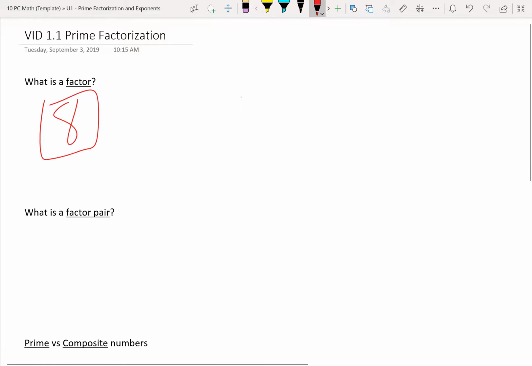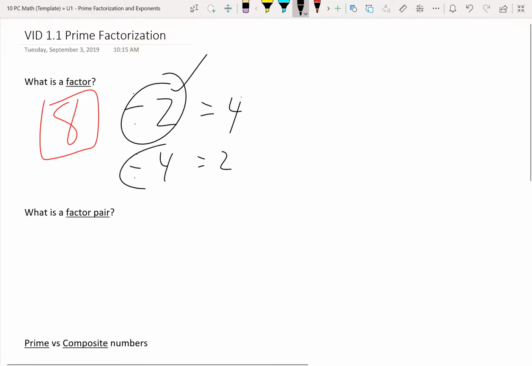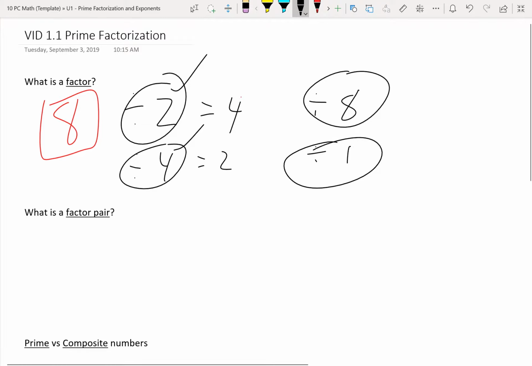If I said 8 divided by 2, that gives you 4, which means 2 is a factor. You could also do 8 divided by 4, it'll give you 2, so 4 is also a factor. You could also divide it by 8, and you could also divide it by 1. All 4 of those numbers are factors. If you tried to divide it by 3, you would get a decimal. So 3 is not a factor of 8.